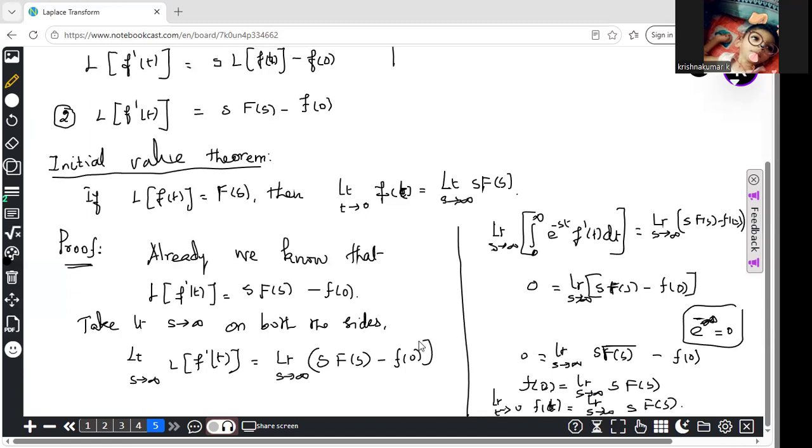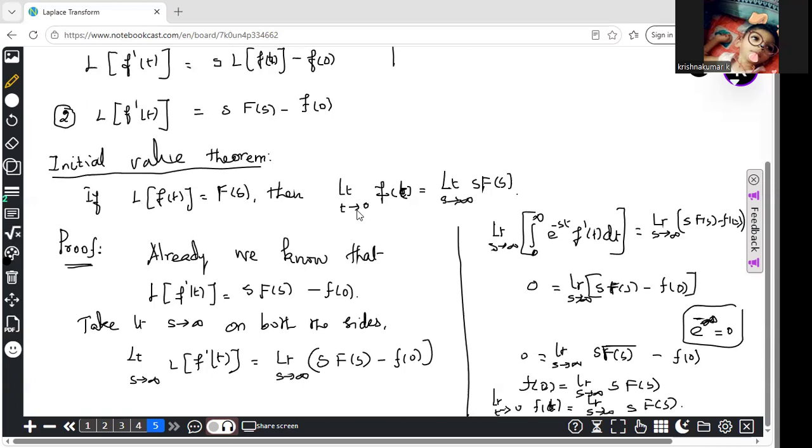Final value theorem means reversely you will get the result. The statement of the final value theorem is: if Laplace transform of f of t is capital F of s, then limit t tends to infinity. For the final value theorem, the limit value is infinity, but on the right hand side the limit value is 0.